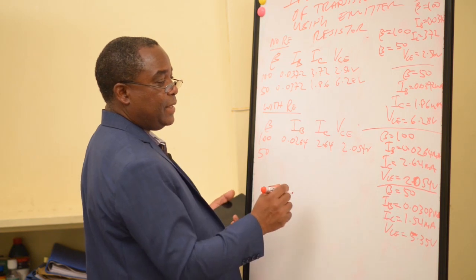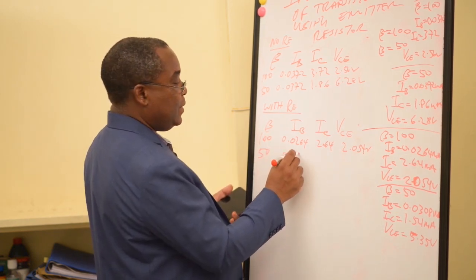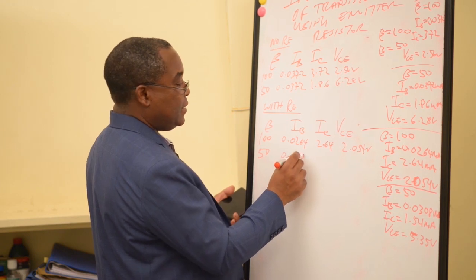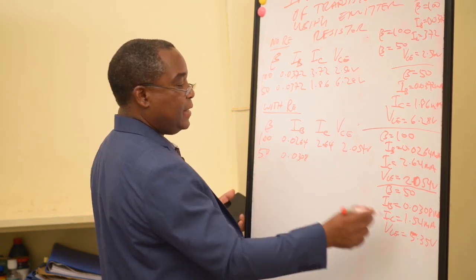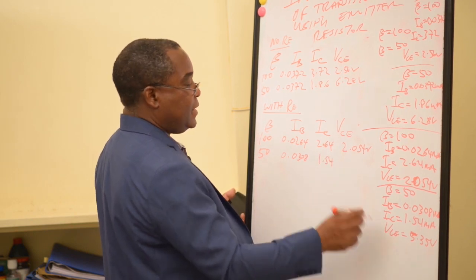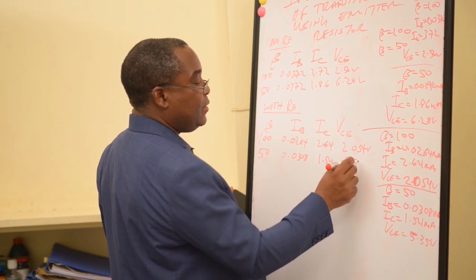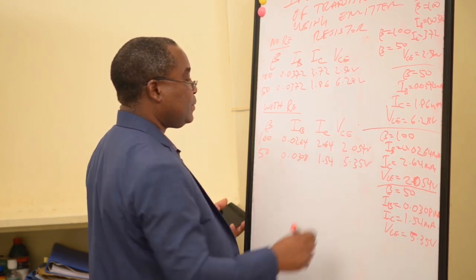Beta at 50, we have our IB 0.0308 and our IC 1.54, and our VCE is 5.35 volts.